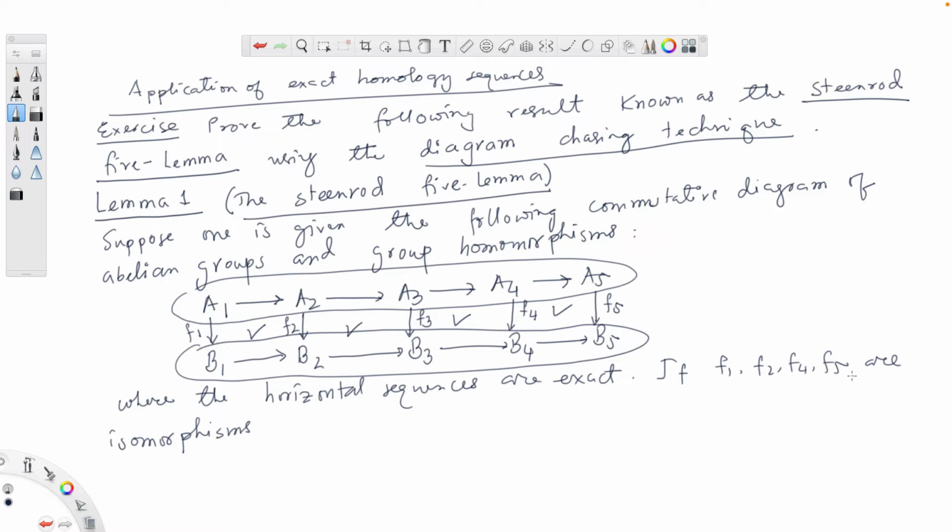If these four group homomorphisms are bijective, so is F3. F3 is also an isomorphism, one has to prove. Okay, so this I leave as an exercise.